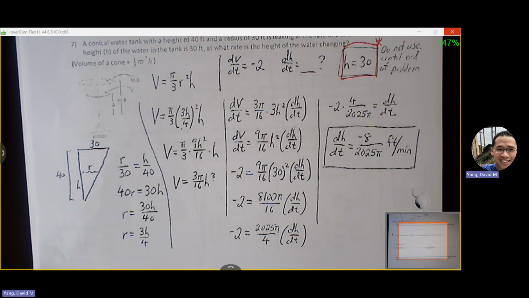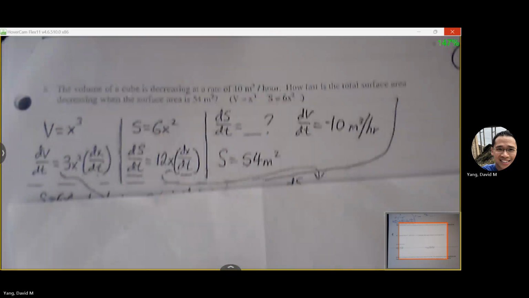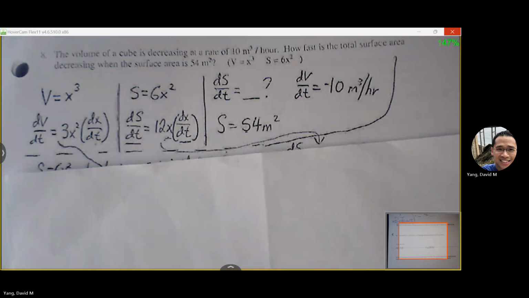Okay, go ahead and find your dV/dt, find your dS/dt. Every variable gets impacted by time.